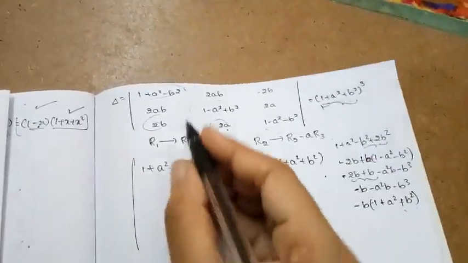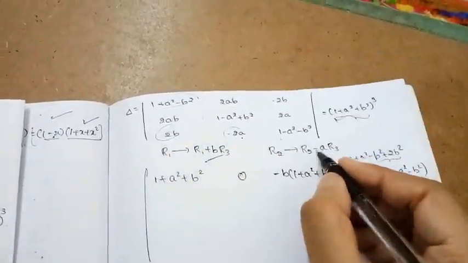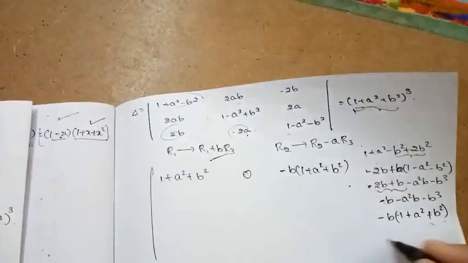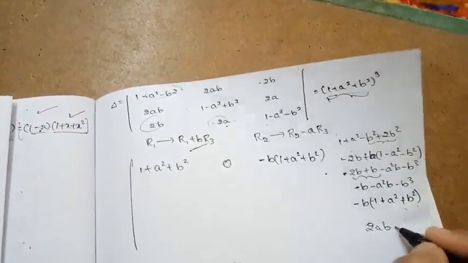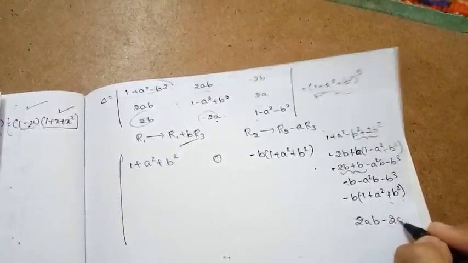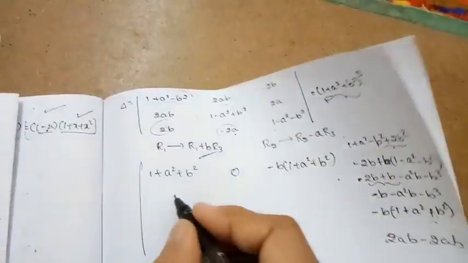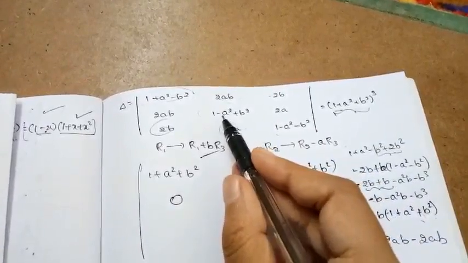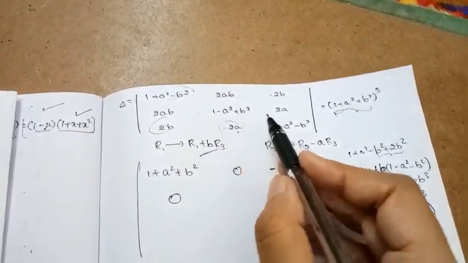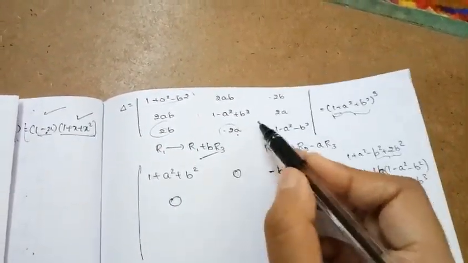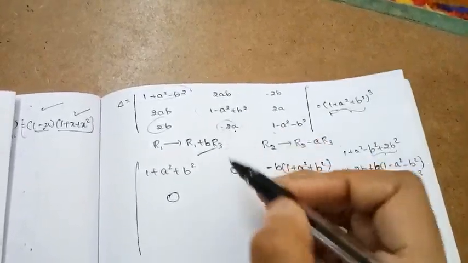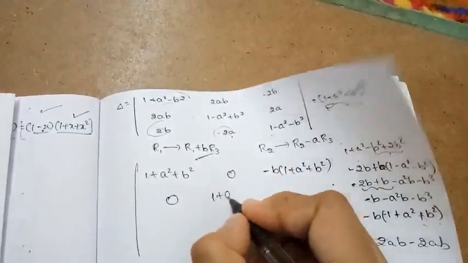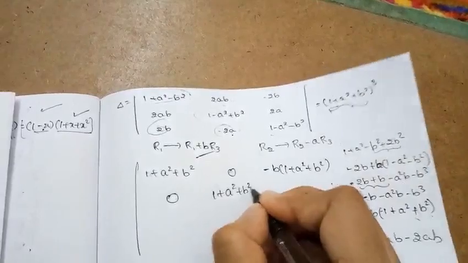Now second row, 2ab, for this one I am simplifying, 2ab minus 2ab, multiplying it becomes, so here this one becomes 0. What about this one? 1 minus a square plus b square, minus into minus plus 2a square, so clearly it becomes 1 plus a square plus b square.